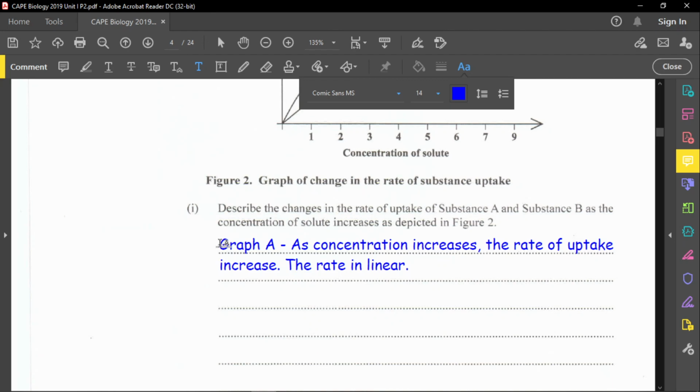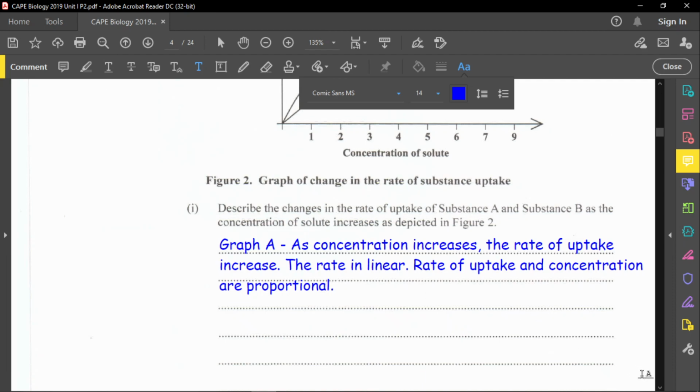Even though they start through the origin, let's use proportional to be safe. So rate of uptake and concentration are proportional. Just to give a little bit of extra.